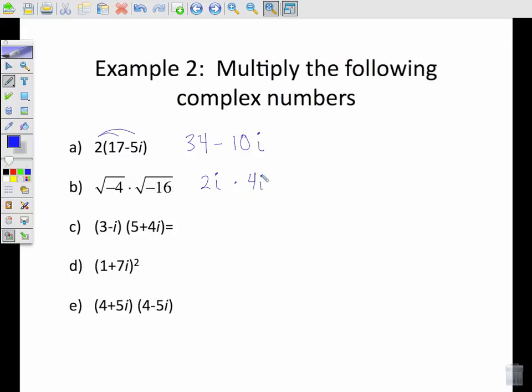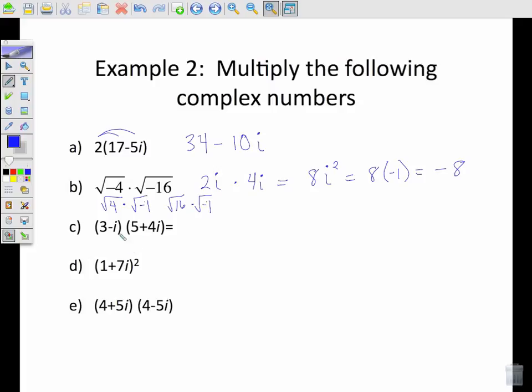And the square root of -16 would be 4i, because it's like this: the square root of 4 times the square root of -1, and the same for the square root of 16 times the square root of -1, and you replace those. This is 8i squared, and since i squared is equal to -1, my final answer is 8 times -1, or -8.